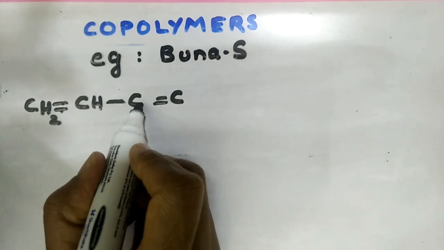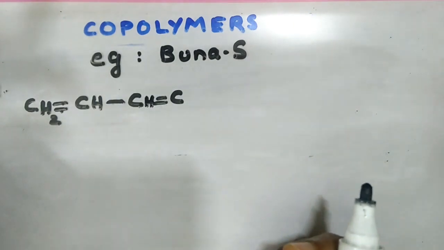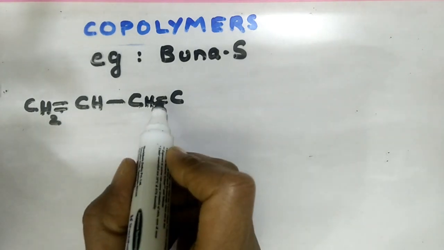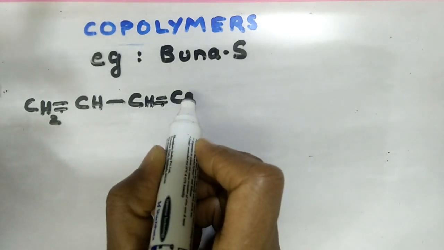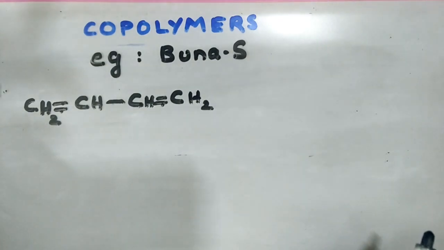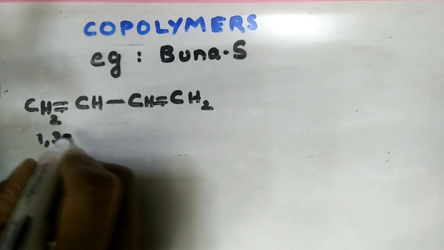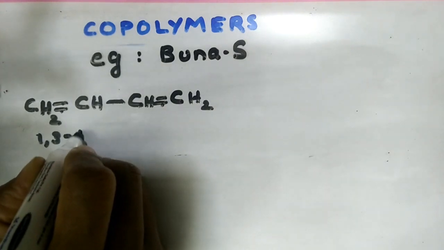And what about this third carbon atom? 1, 2, 3, so the fourth one with the hydrogen atom, and here 1, 2, so 2 with hydrogen atoms to make 4 valency. This is 1,3-butadiene.